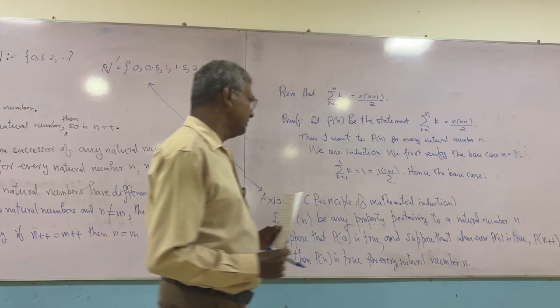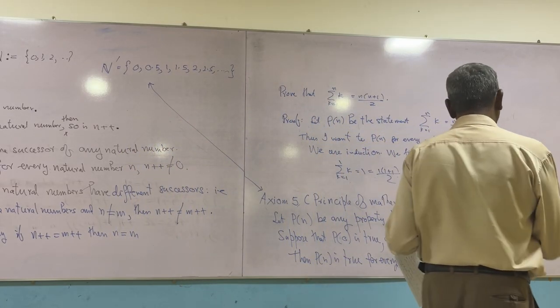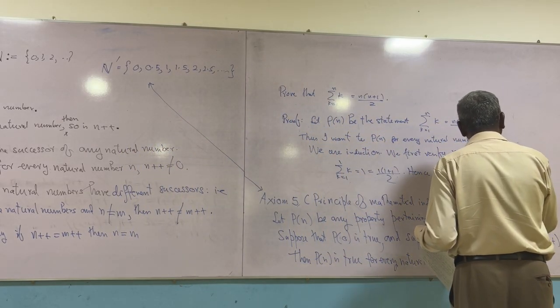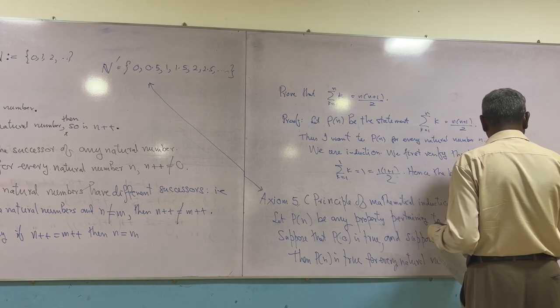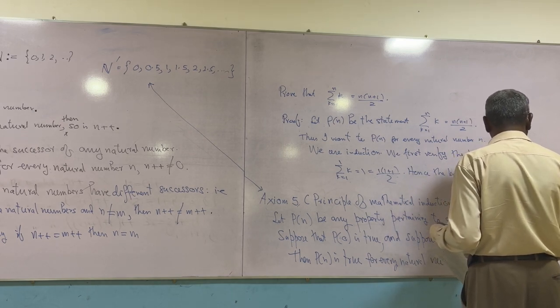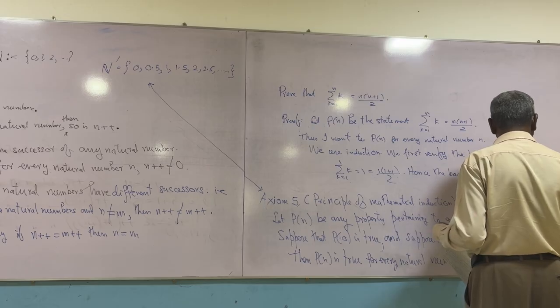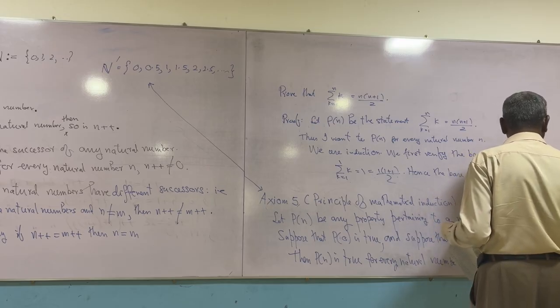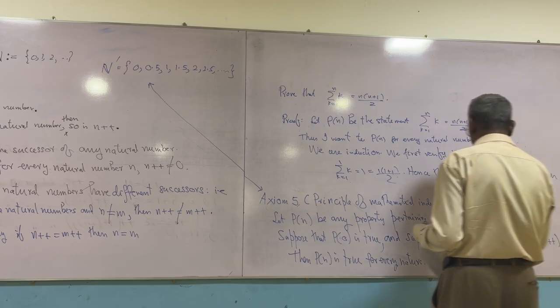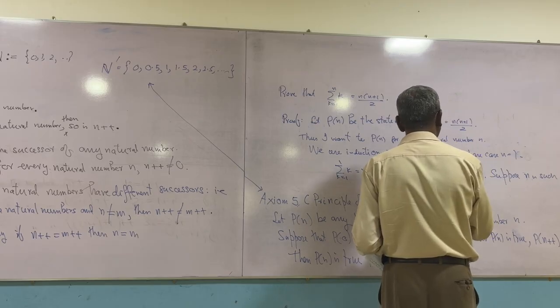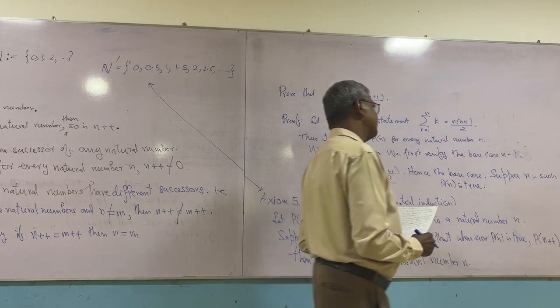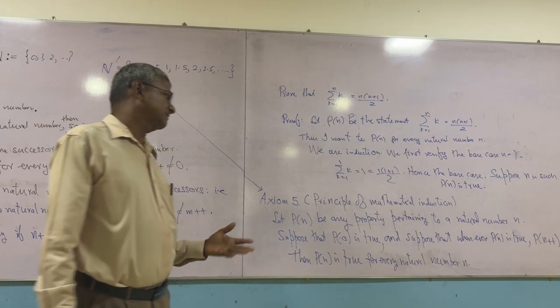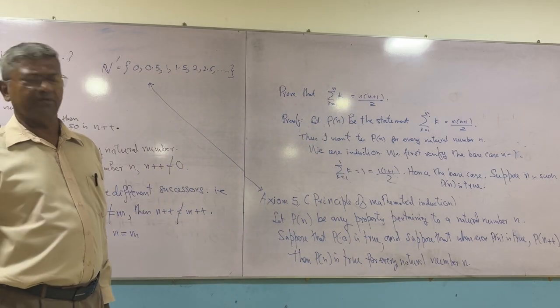So what you do is, whenever Pn is true, you say suppose n is an integer, n is a natural number, such that Pn is true. We assume n is an integer such that Pn is true.